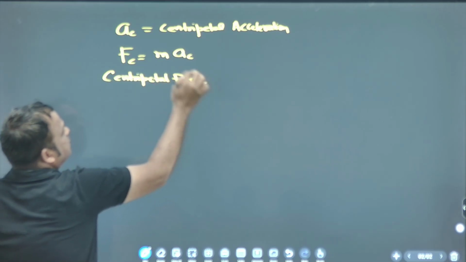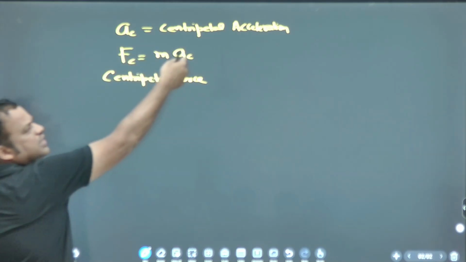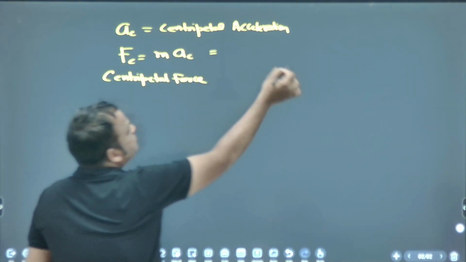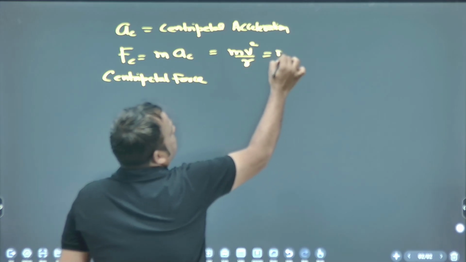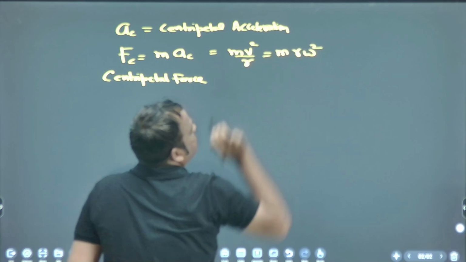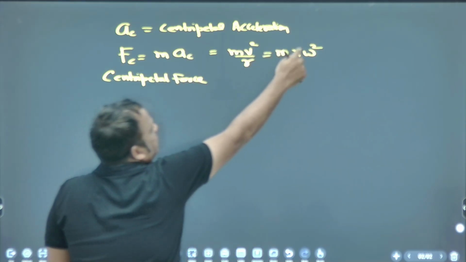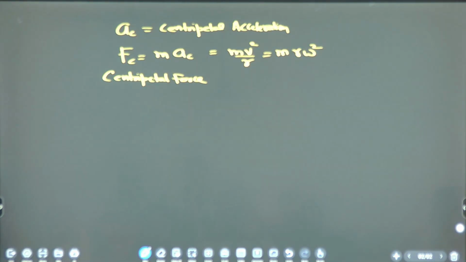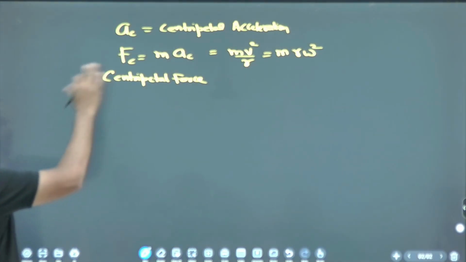What is the formula for centripetal force? Correct, good. M into AC, and AC formula you know, v square by r, r omega square. Clear? So what is the formula for centripetal force? mv square by r, m r omega square. Clear? Just note down this formula. We'll do some numericals based on this.